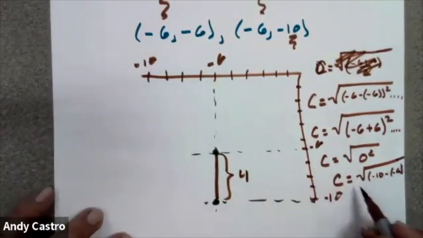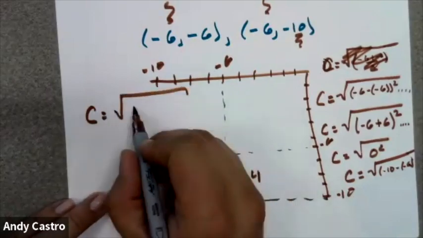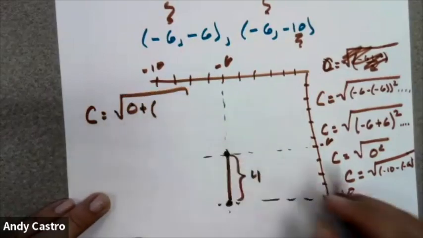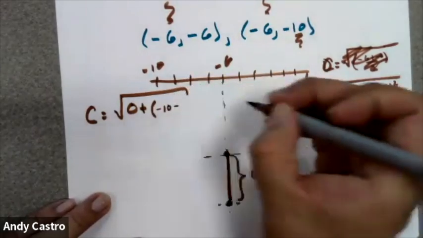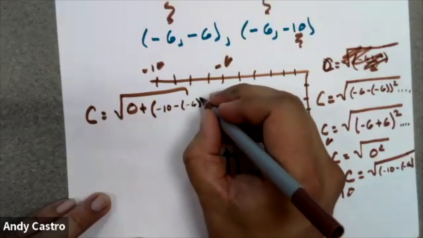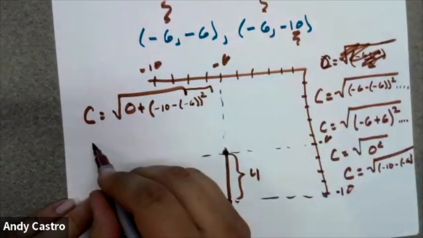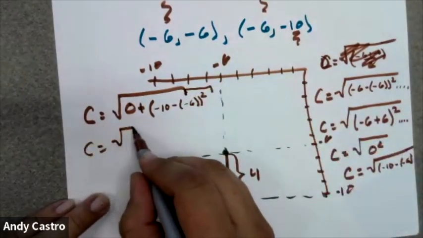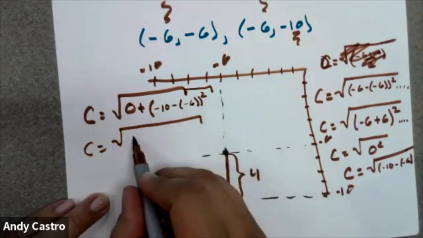But if we look at the formula, we know that the x is 0. We just calculated that. Now let's look at the y. -10 minus -6 squared. Okay, I'm going to drop the 0 out since we don't even need it. -10 minus a negative is a plus.